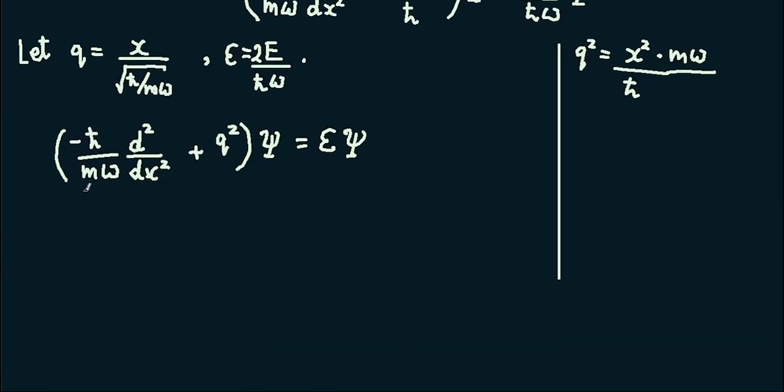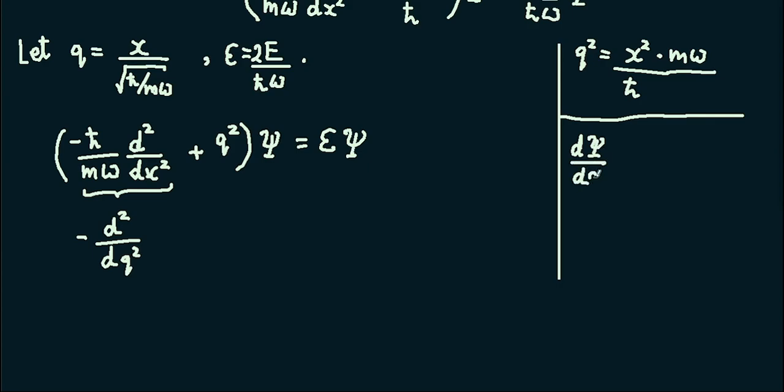Okay, now I claim that this term over here is equal to minus d squared over dq squared. Let's take a look at that. So if you try to find dψ/dq, let's try to do that.